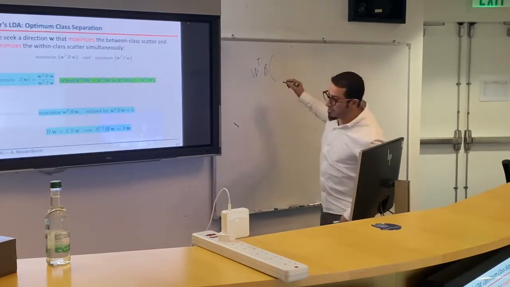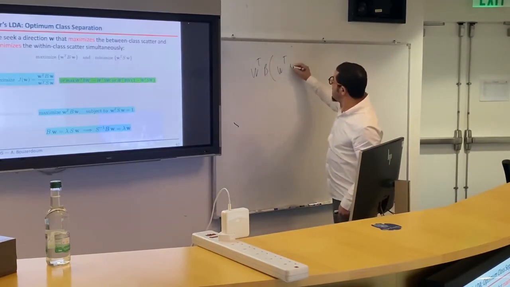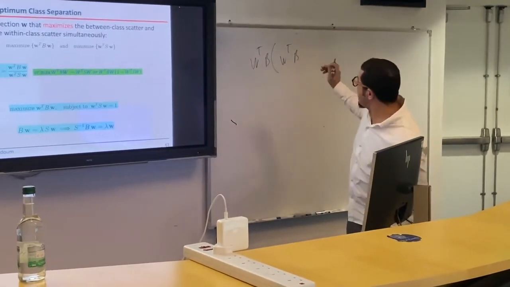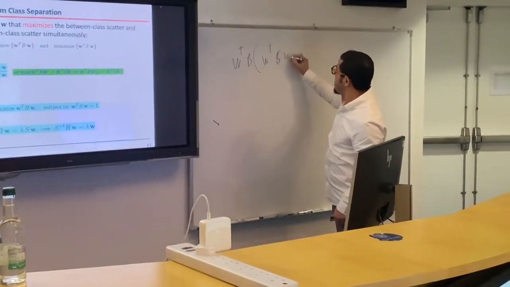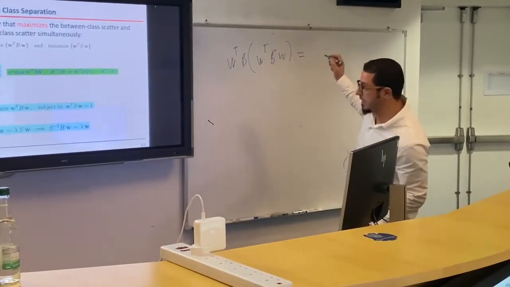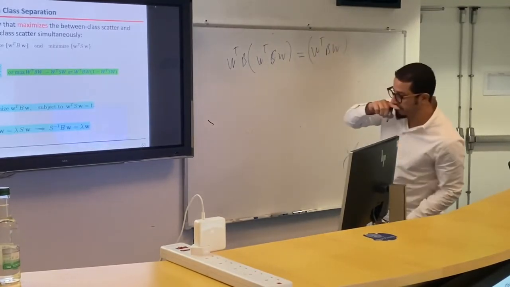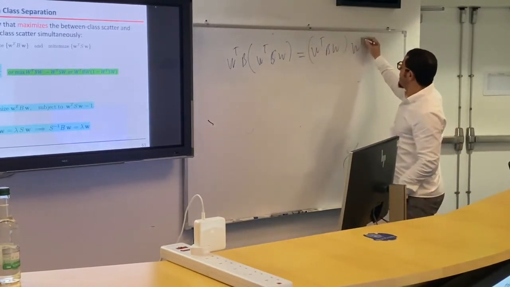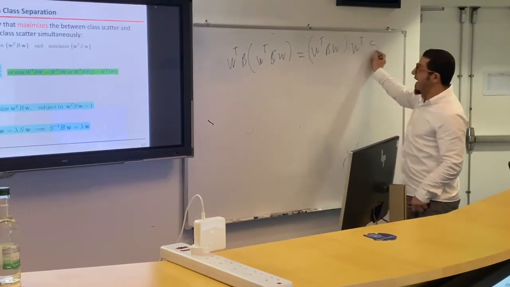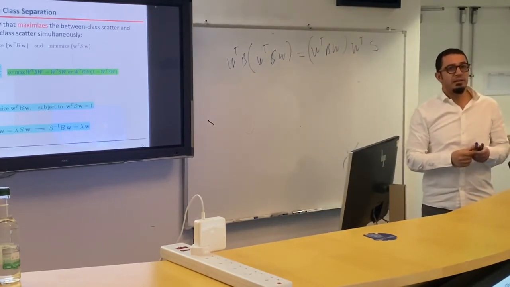W^T B times, this is S, right? SW equals what, please? Times S, right? Can we simplify here?